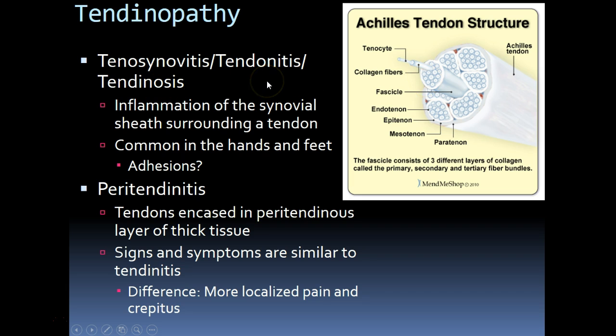With tendinitis, the tendon's inflamed. With tenosynovitis, the structure surrounding the tendon's inflamed. But with tendinosis, either the tenosynovitis or the tendinitis have really just blown up. What you see is that inflammation starts to eat away at the tendon.